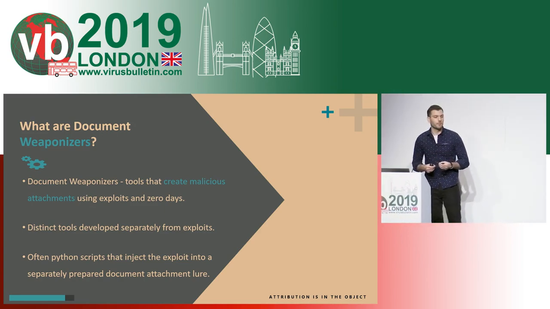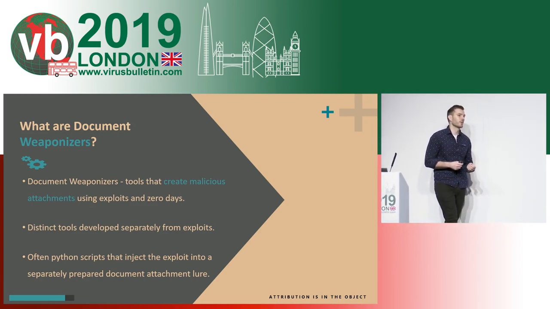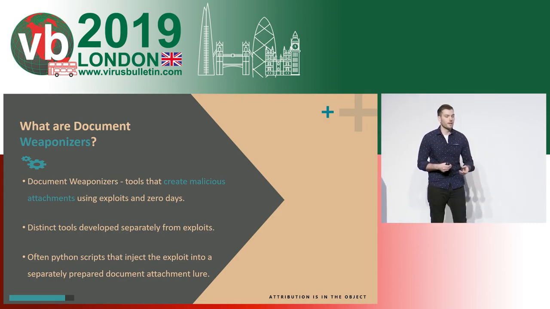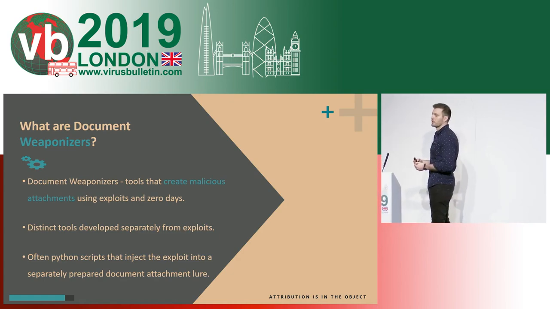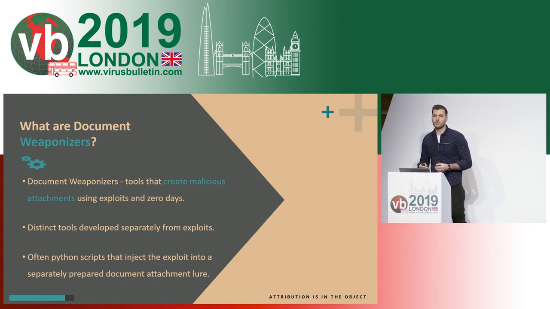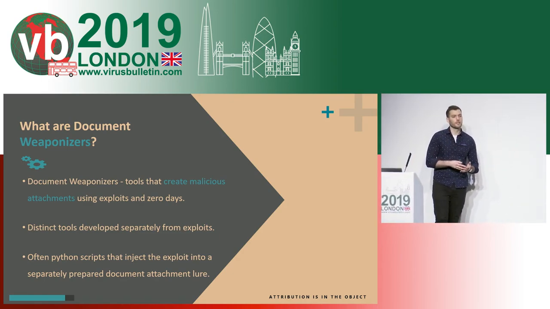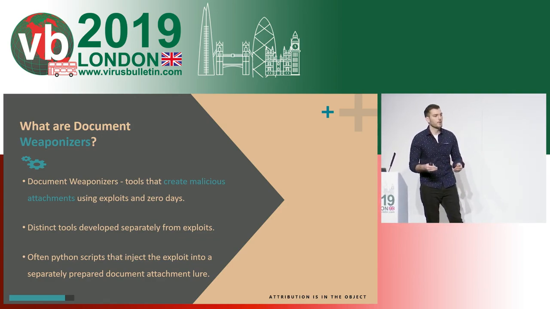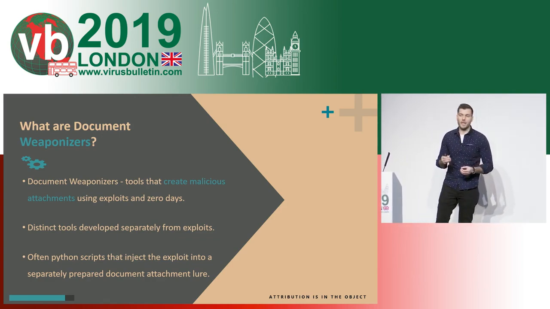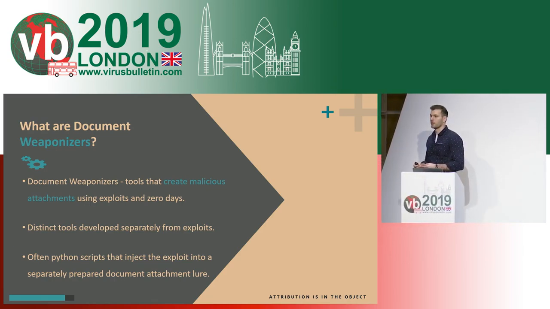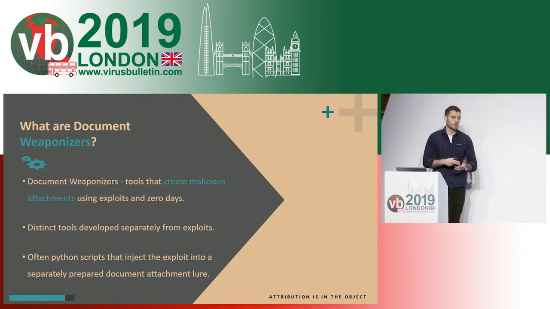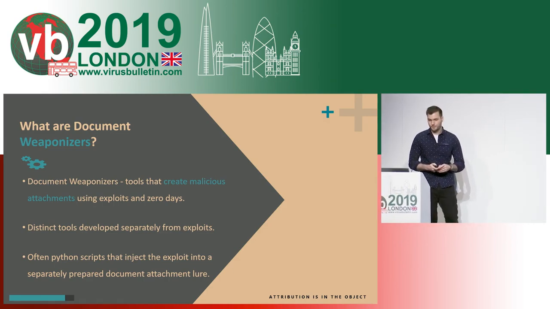They're often things like a Python script. Threat actors utilize a weaponizer to make their operations more convenient as well as to scale them. They can disseminate a script across their operators, allowing them to scale operations and customize phishing lures across campaigns while automating the injection of malicious payload exploits into Word documents.